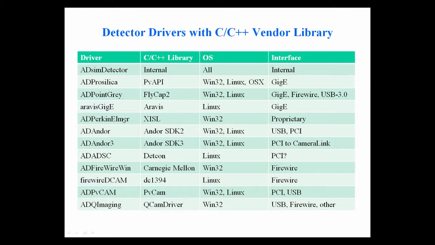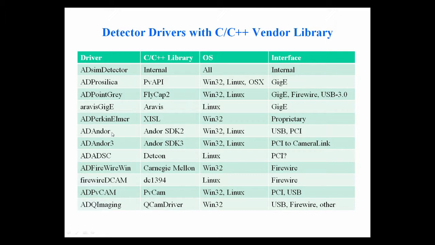The Perkin-Elmer flat panel detectors provide a library called XISL. It only works on Win32, and when I say Win32 here, I don't mean 32-bit Windows. I mean the Win32 architecture. So typically we've done these using the Microsoft compiler. And that's a proprietary interface. It's fiber, but I don't think it's gigabit or 10 gigabit fiber. I think it's something else. I don't think it's Ethernet.